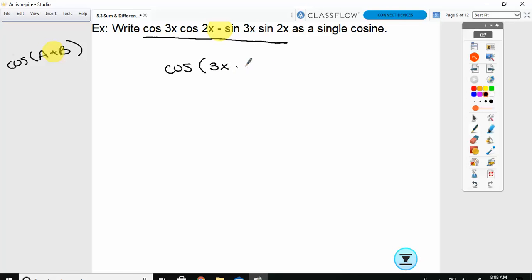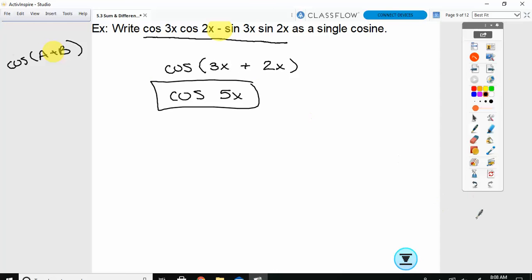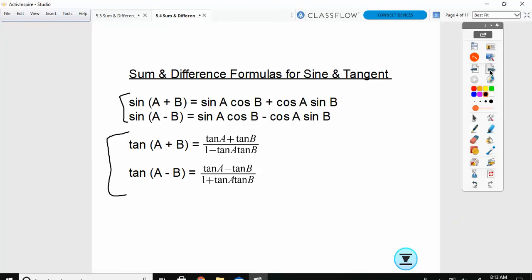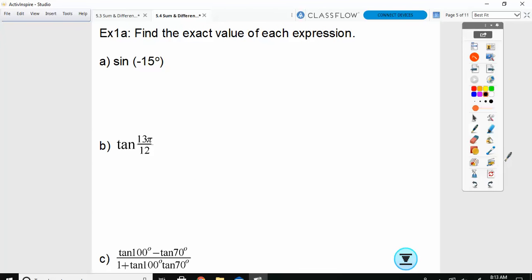So my first is 3x, B is 2x, 3x plus 2x, 5x, so that's cosine of 5x. So we'll just go through some examples and practice using these things.